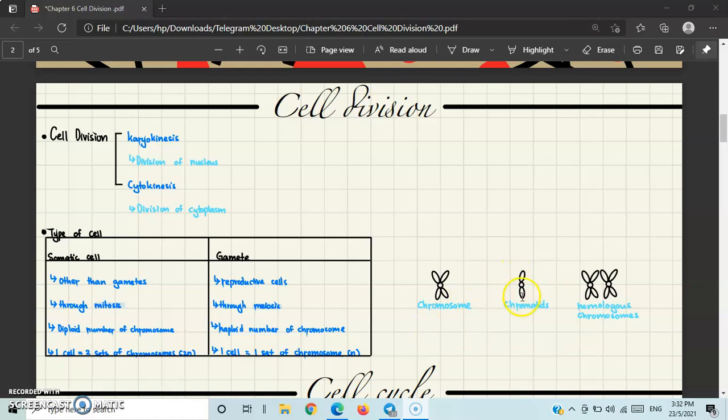Just one chromatid here, but it's also a chromosome. And then here refers to the homologous chromosomes. What are homologous chromosomes? They are two chromosomes, or a pair of chromosomes, that have the same shape and same size. That is referred to as homologous chromosomes.